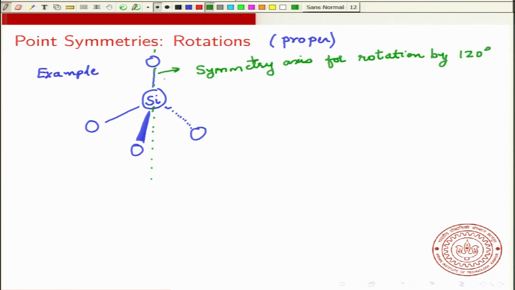Usually we follow the convention that the direction of rotation should be counterclockwise.